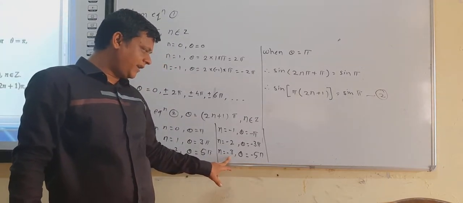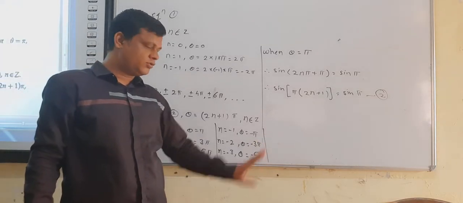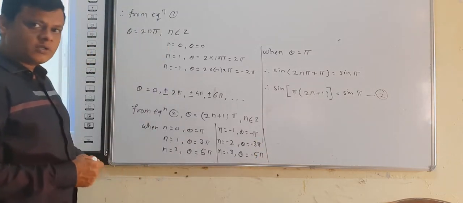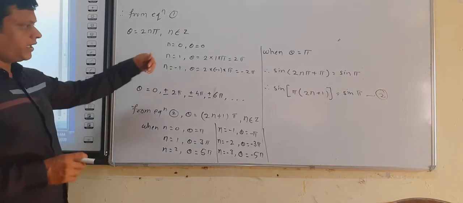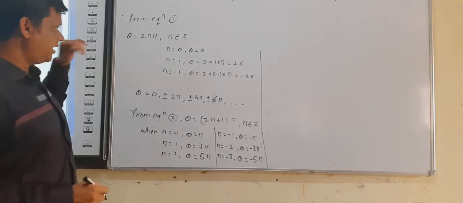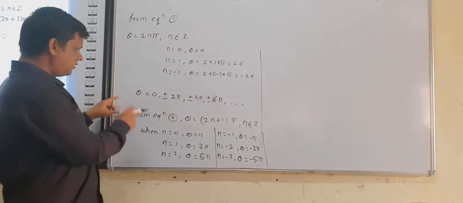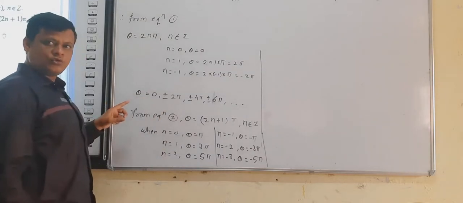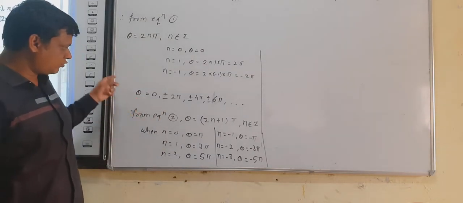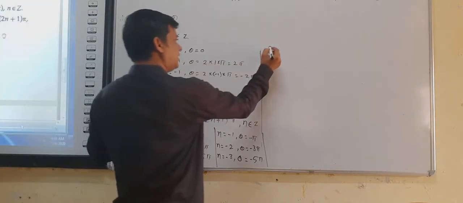N equals minus 4 gives minus 7 pi. For n equals minus 5, you find the next value. Likewise you can calculate the next values. Now we see here, if we rearrange by combining these two sets of values, for theta equals 0 and for theta equals pi, now see the theta's result.